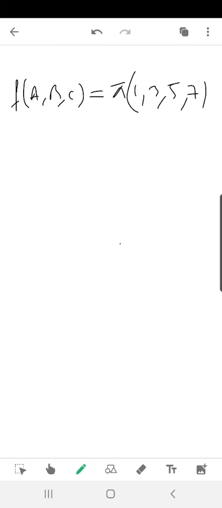First of all, if it is 1357, we need to just change our logic gate. The logic gate which we will use now to implement this function will be our NOR gate.